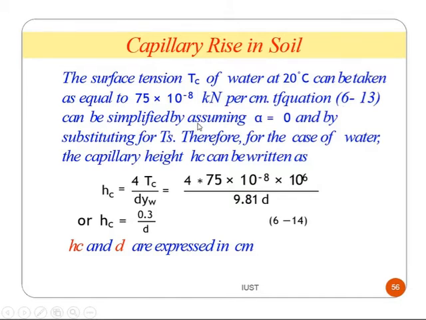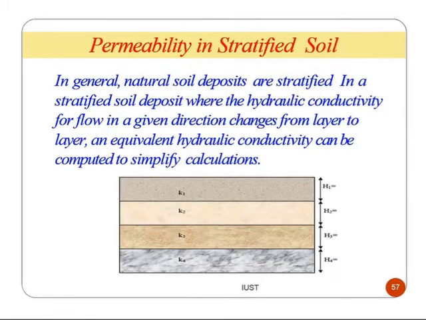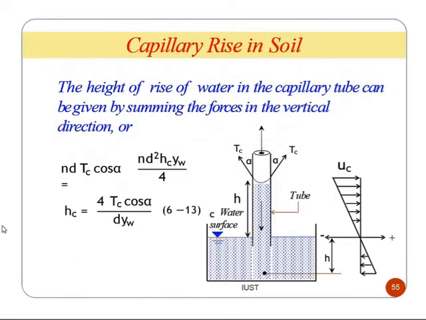The equation can be simplified by assuming alpha is equal to 0 and substituting for Tc. Therefore, for the case of water, the capillary head hc can be written as a simplification of the formula. So cos 0 is 1, and the formula becomes 4 Tc upon d γw.